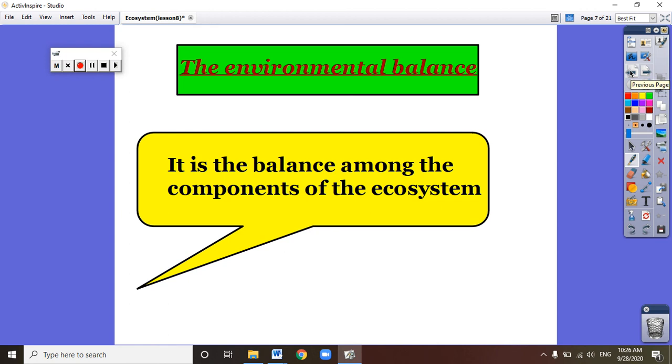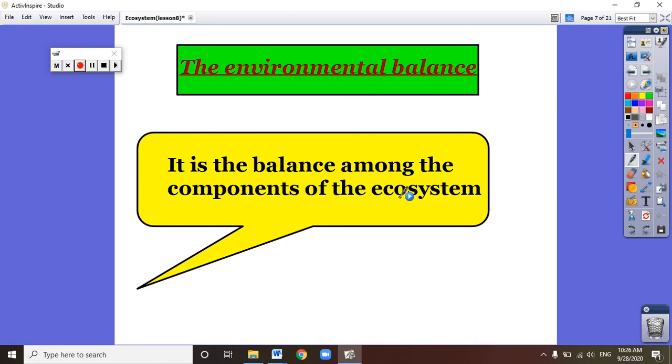Then we will take some factors that affect the balance of the ecosystem. But at first, let's identify the meaning of environmental balance. Environmental balance means the balance that we talked about, between the components of the ecosystem. So the environmental balance is the balance among the components of the ecosystem.